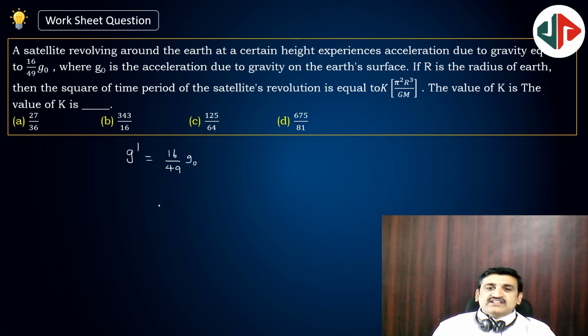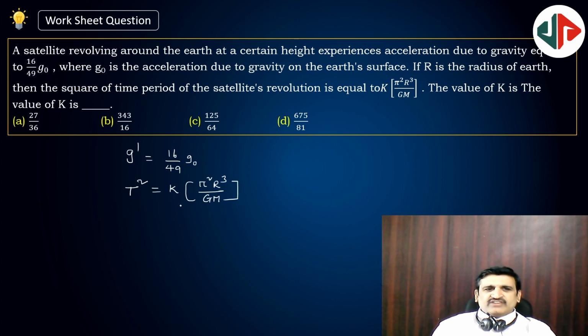If R is the radius of the earth, then the square of the time period of the satellite's revolution is equal to k times pi square r cube by GM.